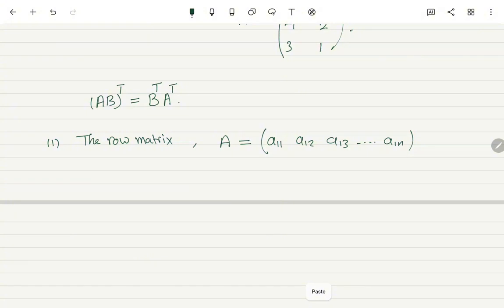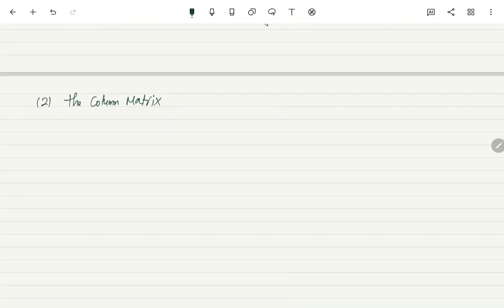And as long as we have the row matrix, we also have a column matrix. So two here, the column matrix. Again, from its name, it's a matrix that contains only one column, like this one here, A equals A11, A21, A31, until An1.